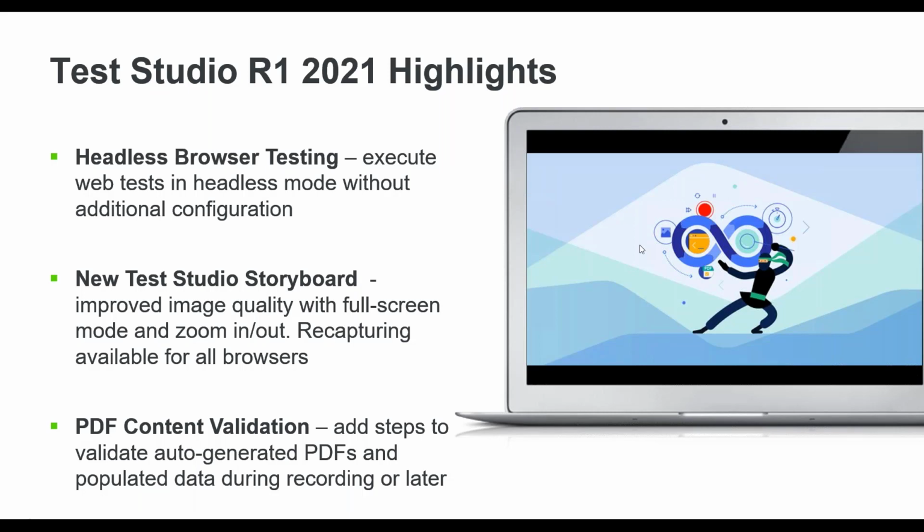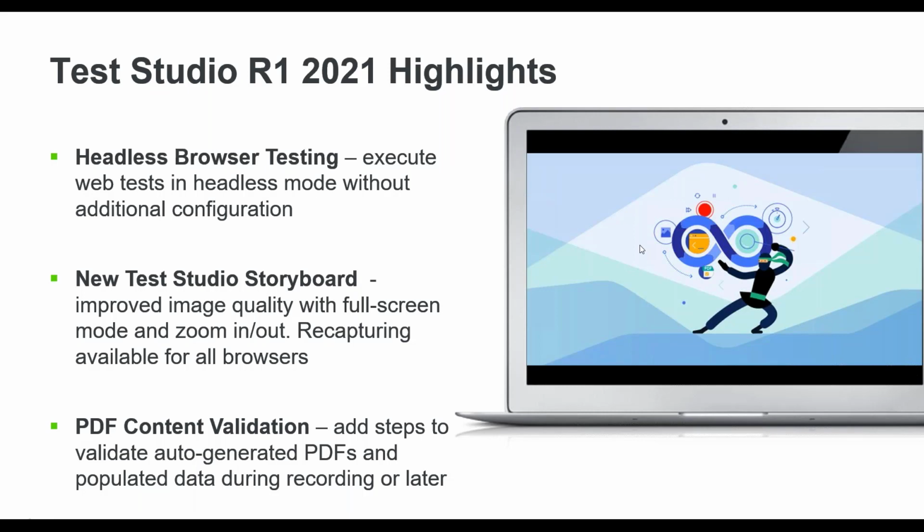We have also totally revamped our storyboard. We call it now the new storyboard. It has a bunch of cool features like improved image quality. You can see the images in the storyboard on full screen. You can zoom in, zoom out, recapture, navigate to a step across all the browsers now.